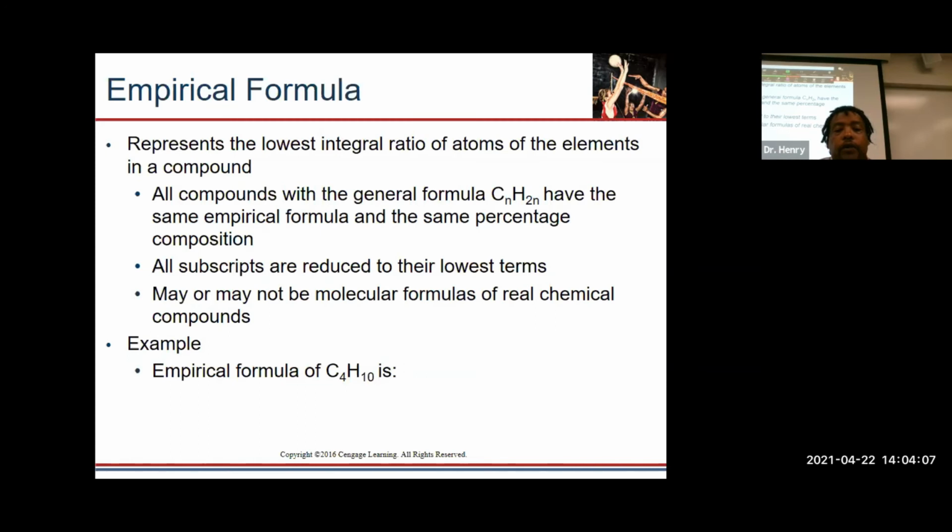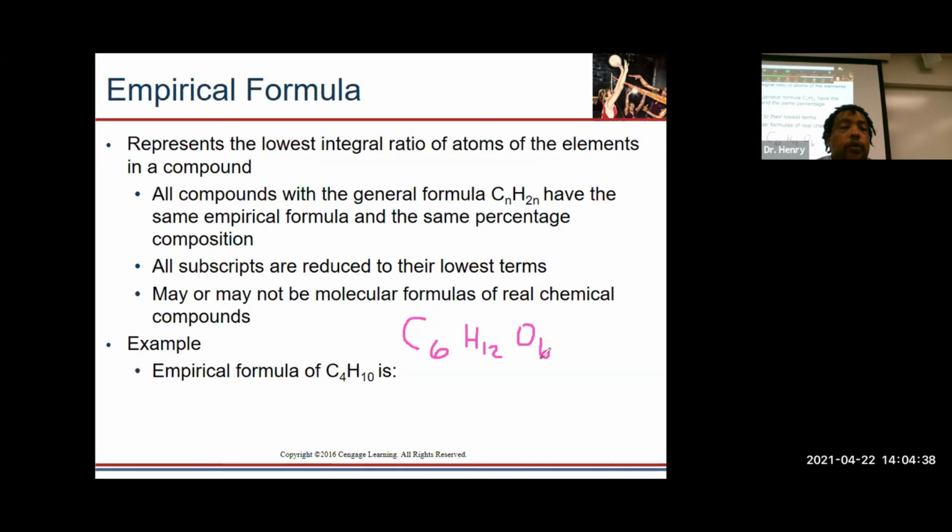Okay, so empirical formulas are the lowest integral ratio of an atom in a compound. So, for instance, if we have C6H12O6, all of those numbers are divisible by 6, are they not?